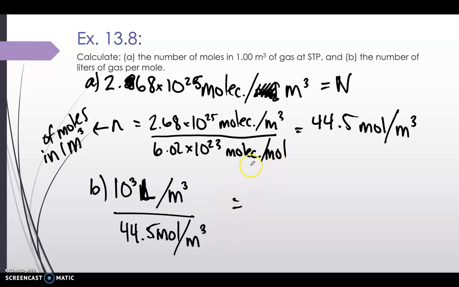And we get a value of 22.5 liters per mole. All right, so this is a lot of conversions.